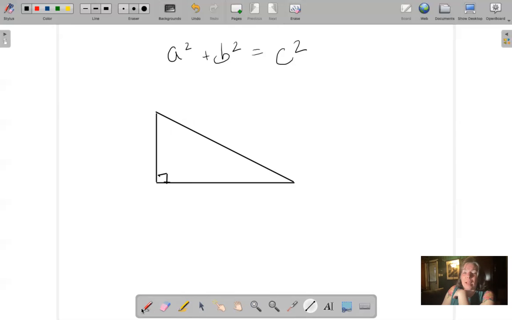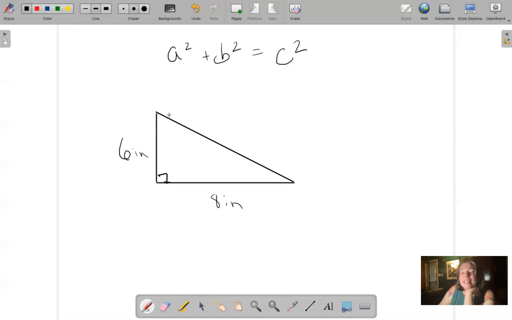So I'm going to say this length right here is 6 inches, and this length right here is 8 inches.